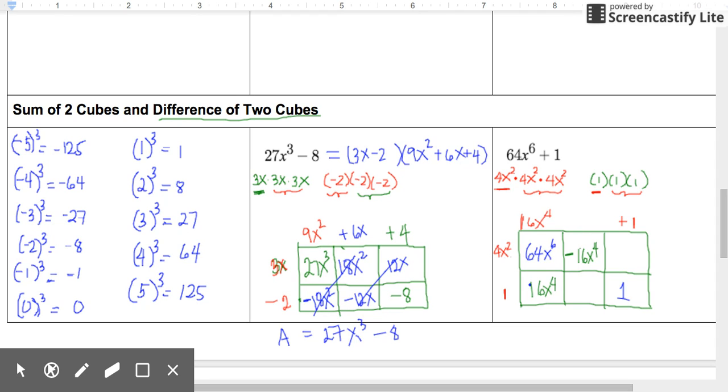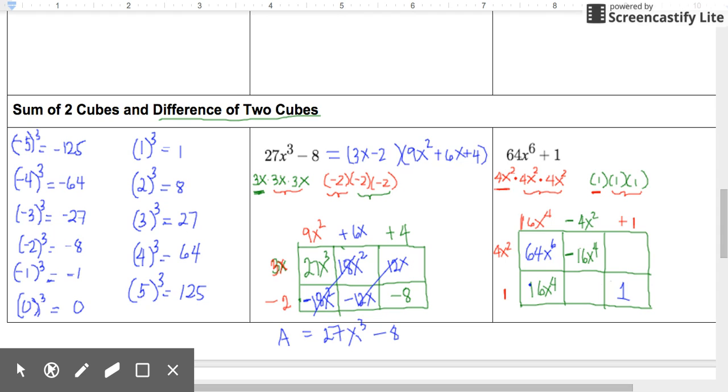What do we multiply by 4x squared to get negative 16x to the fourth? That's going to be negative 4x squared. So now we have completed the length of the rectangle.